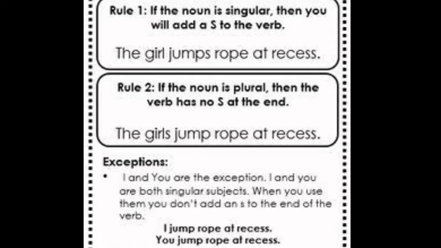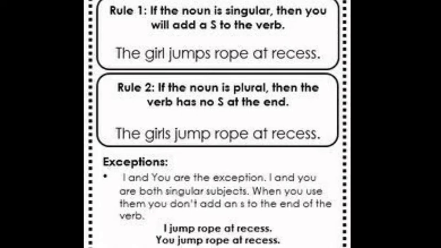The girls jump. Okay? And there are a few exception rules that you cannot change, like the words I and you are the exceptions. I and you are both treated as singular subjects. So when you use them, you don't add an s to the end of the verb, like I jump.